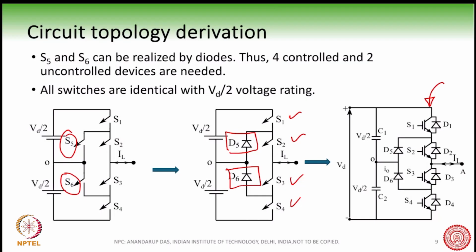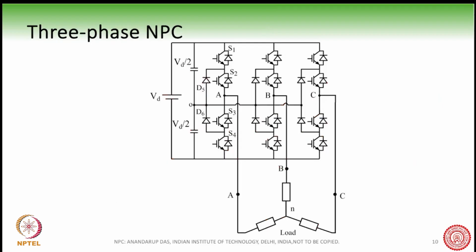Okay, with two diodes. These are called clamping diodes, NPC clamping diodes, and then there are four switches like this here. Okay, this is how one phase of the converter looks like, and all switches have a rating of VD by 2. And this is what the three-phase NPC looks like.